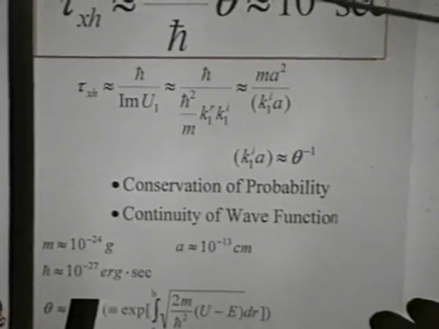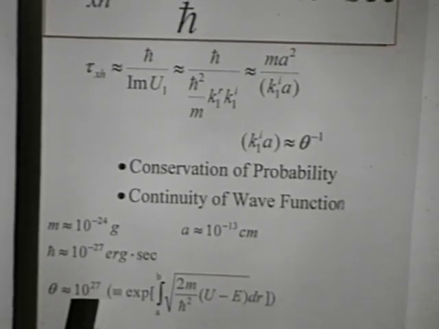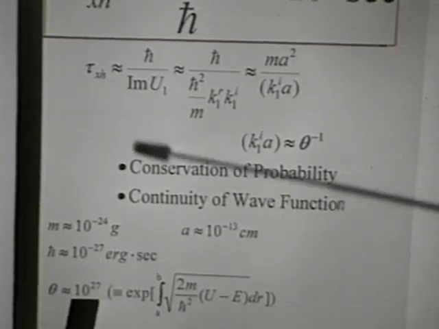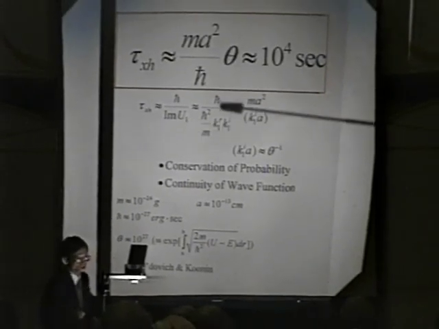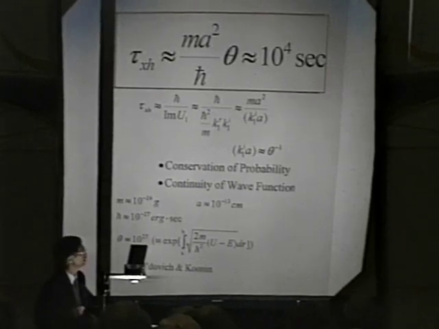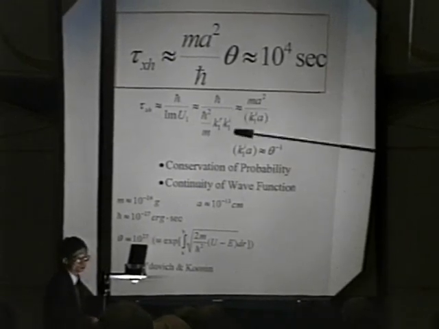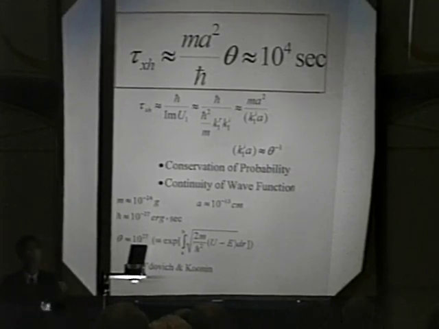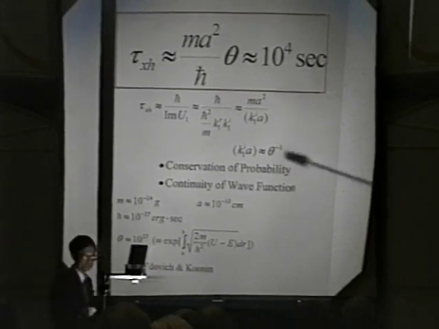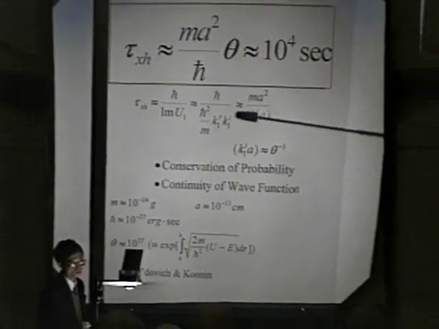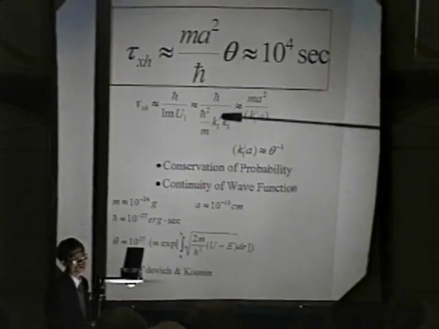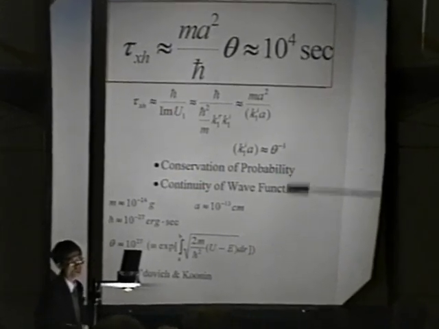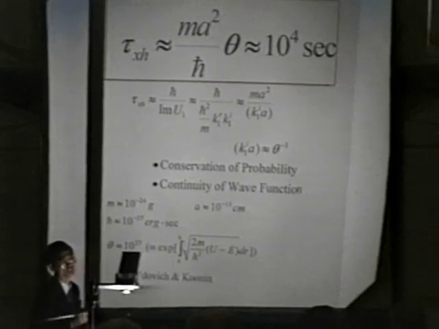How do we derive this? This is the uncertainty principle. The lifetime of a state is h over the width of the energy level. And this width of the energy level equals this. This is the real wave number and the imaginary part of the wave number. That's the identity. So this step goes to this step, just using the resonance case, where the real wave number equals 1 over A. So we put one more A here, and one more A here.